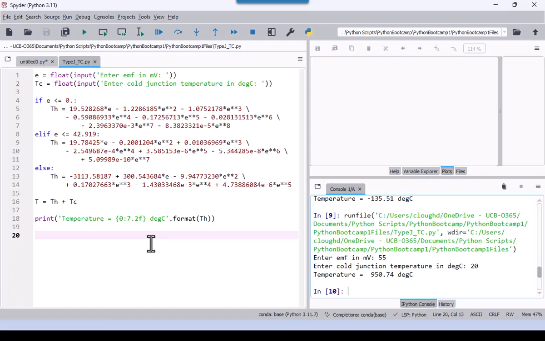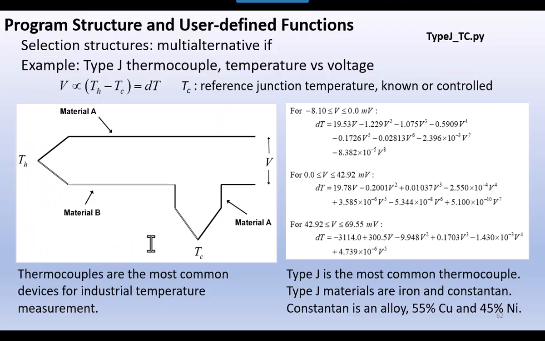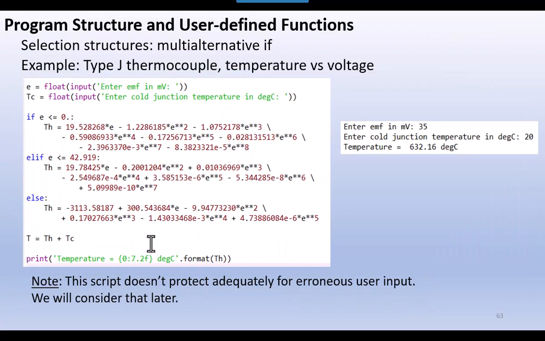So let's pop back over to our slide and show that that code is illustrated there. And there's one example that is shown over here on the right. And I make a comment at the bottom that this script does not protect adequately for erroneous user input or out of range input, and we will consider that later.